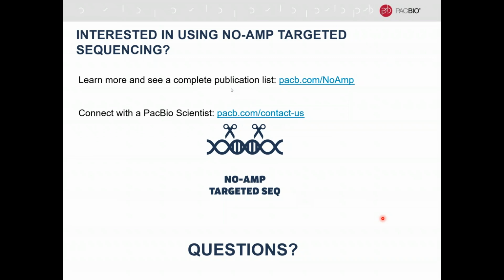These are coming shortly, going to be online, so we will definitely funnel anyone through that. If you are interested and you don't have access to an instrument, please go to the website, pacb.com/contact-us, and there is a form you can fill out. We will then funnel you out to service providers that are currently running the assay.